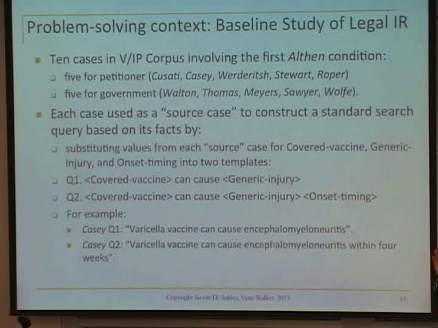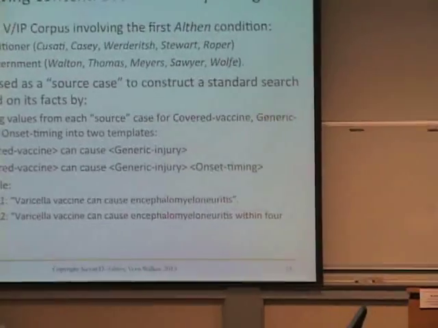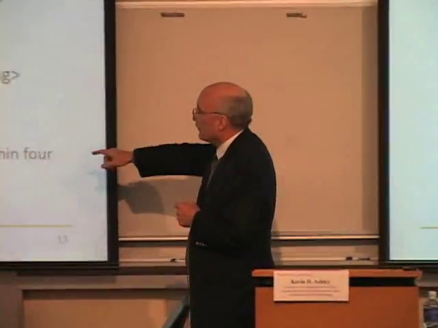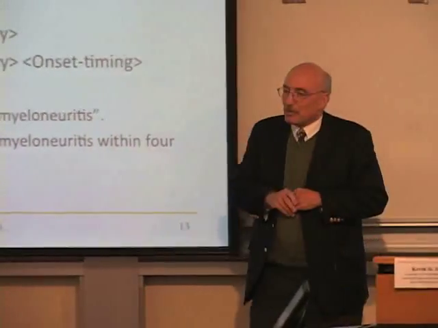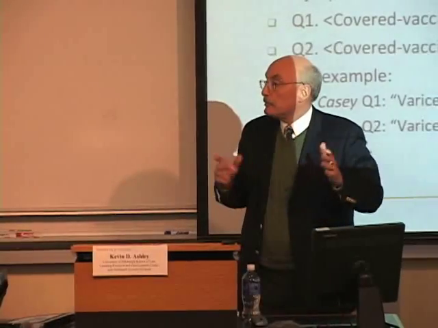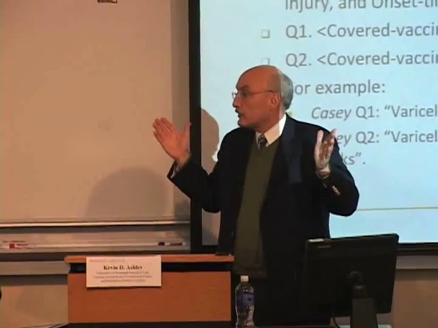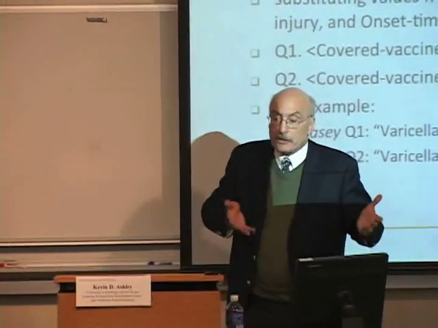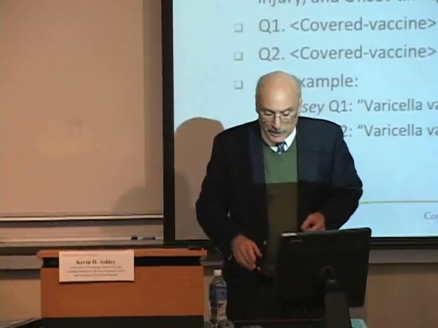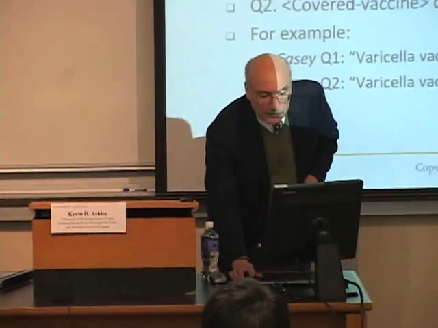If an attorney is representing a client who, for example, had received the varicella vaccine and suffered an injury, and I can't pronounce this, I'll leave that to the medical personnel, but if they had suffered that, you can well imagine the attorney would be interested to see if there are other prior cases where these same injuries had been involved, to see what the outcomes were. So these are potentially useful factual queries.